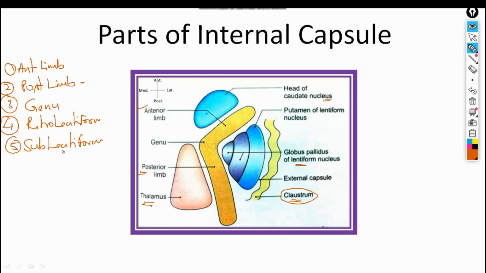Then the retrolentiform part is located posterior to the lentiform nucleus, whereas the sublentiform part of the internal capsule passes below the lentiform nucleus.